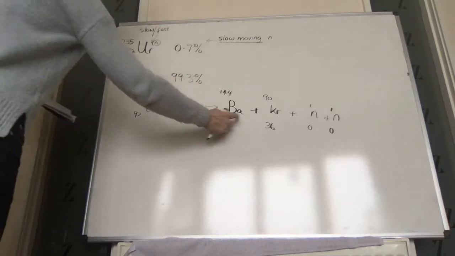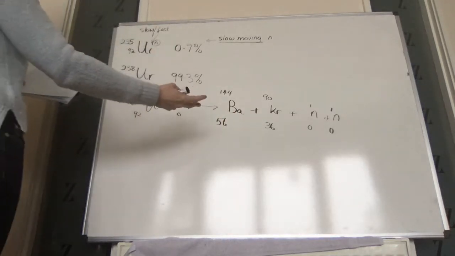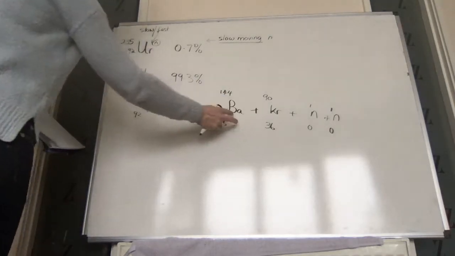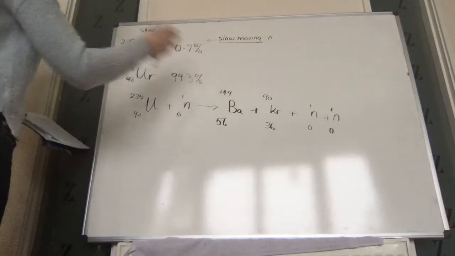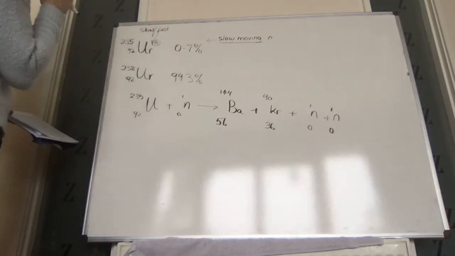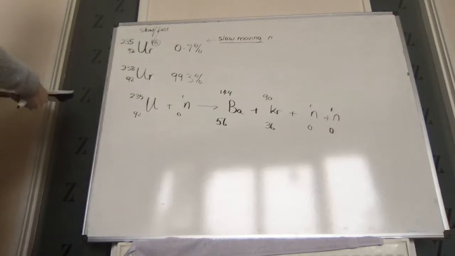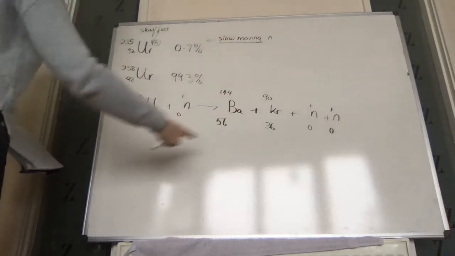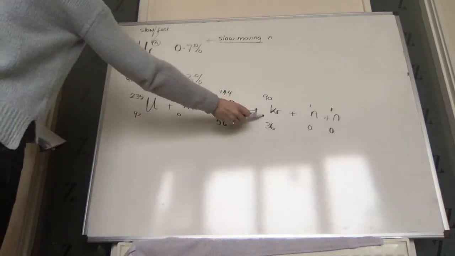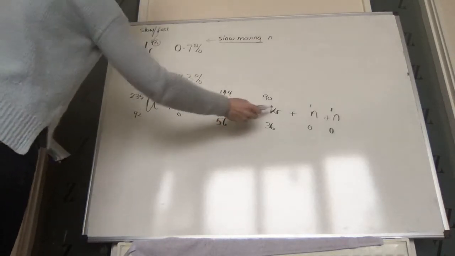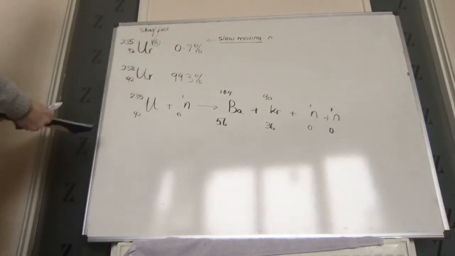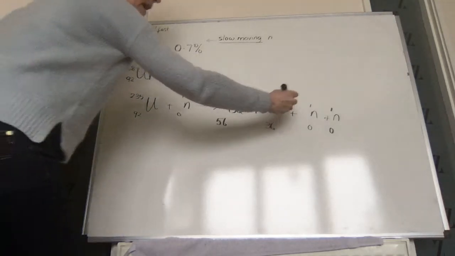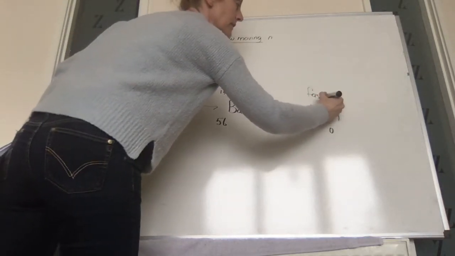The products are often called daughter nuclei, or fission fragments is another word for them, so be aware of that. And these are often radioactive themselves and can spit out alpha particles or beta particles, or gamma radiation. The energy that's given off in this reaction is mostly the kinetic energy of these two. The neutrons that are released are fast moving.